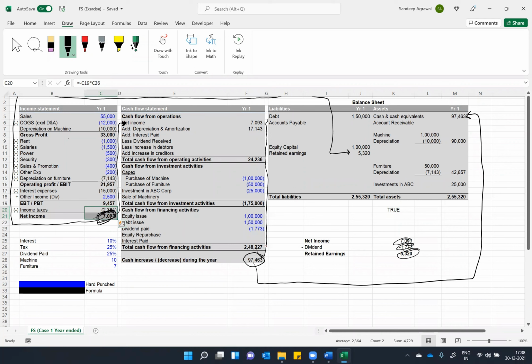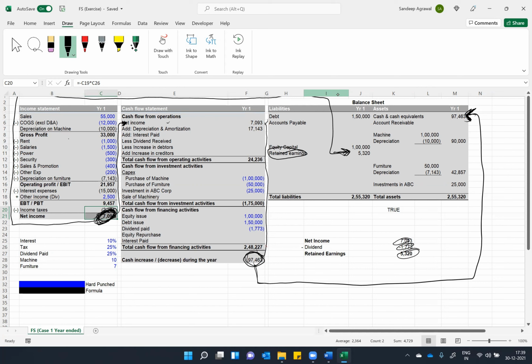So 75% part of this net income is linked here, right? So this net income is getting added to cash flow. Cash flow is creating your cash and cash equivalents, and through that this net income is indirectly linked to the asset side. And this net income is also linked to the liability side through a retained earnings line item.